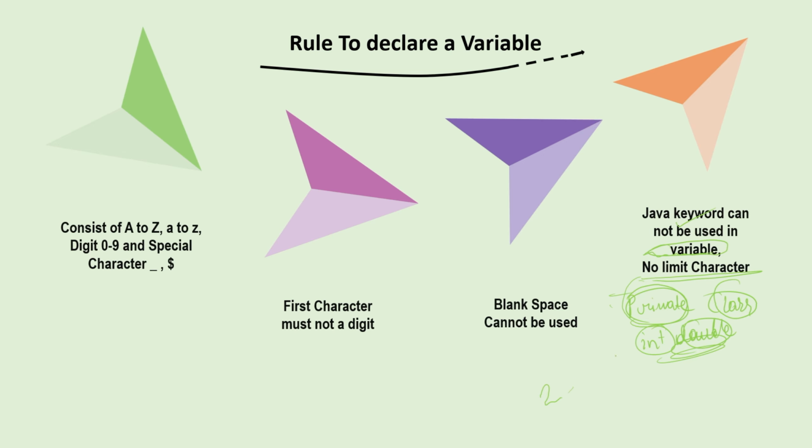You can store n number of characters in your variable name at the time of declaration. So you have no limit to declare. You can add as many characters as you want to the variable name.